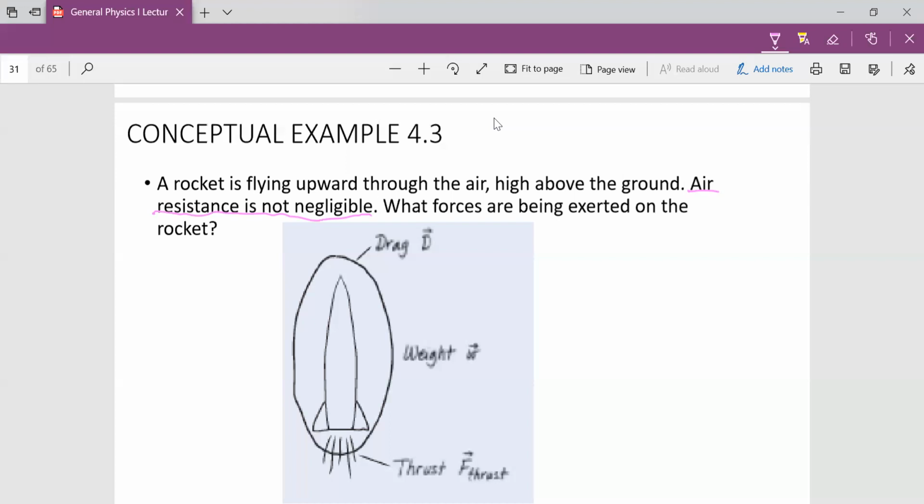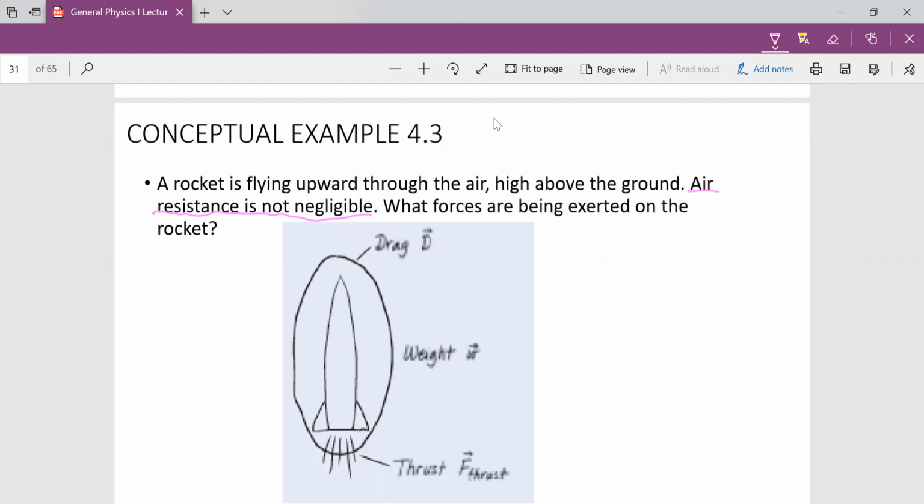But we factor in air resistance when we have to specifically deal with the force called drag, because drag is typically the force due to air resistance, okay? So in this case, air resistance is negligible.